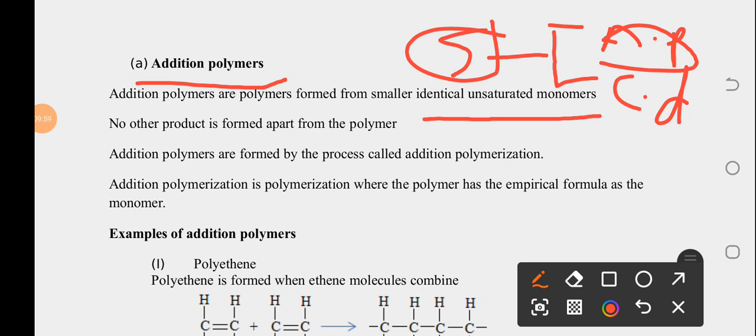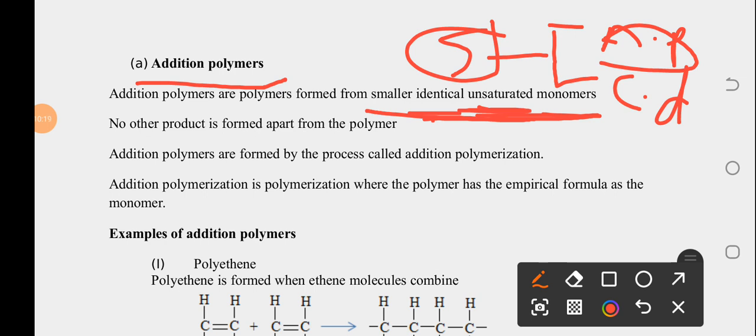Here's a point. I want you to understand something. When you talk of addition polymers, they are polymers formed from small identical unsaturated monomers. And these unsaturated monomers are identical, they are just the same.